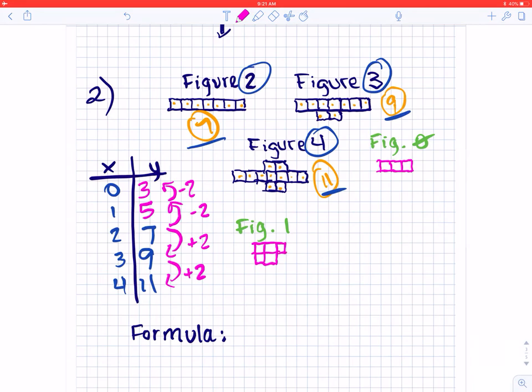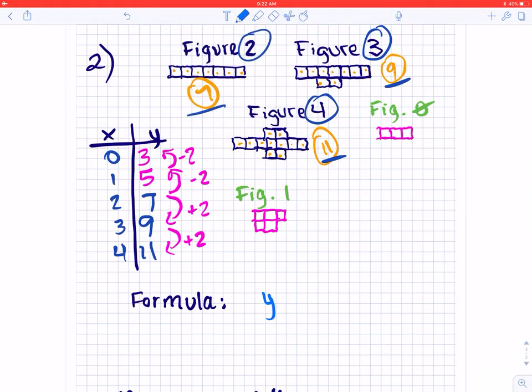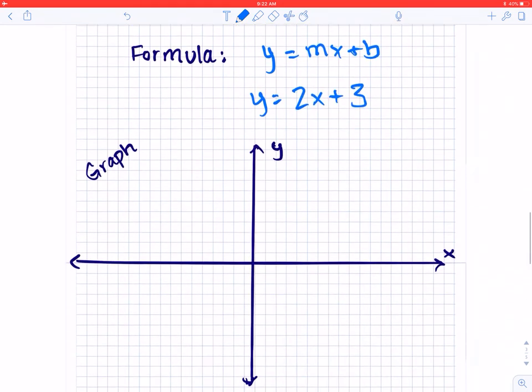All right, halfway there. Now we need our formula. So my formula is y equals mx plus b. Y equals, my change is 2, my pattern, and my 0 pair is +3. Last but not least, let's draw our line. We go up 3, that's our first point.